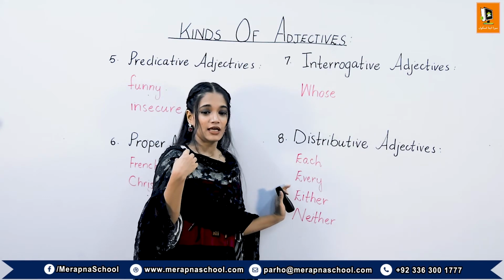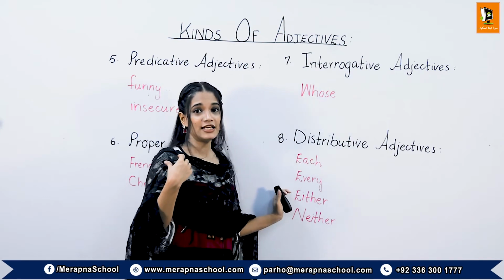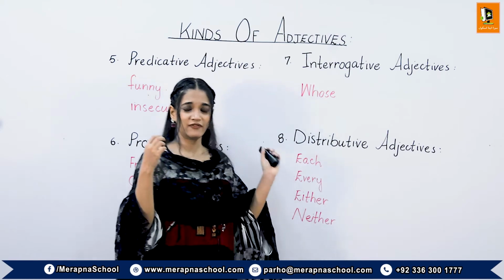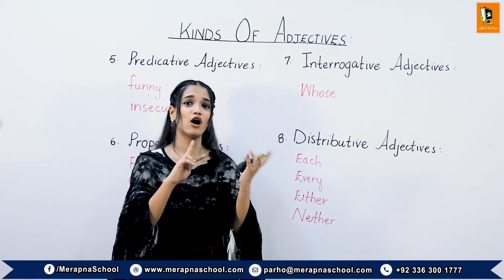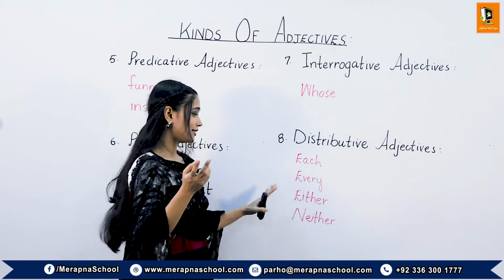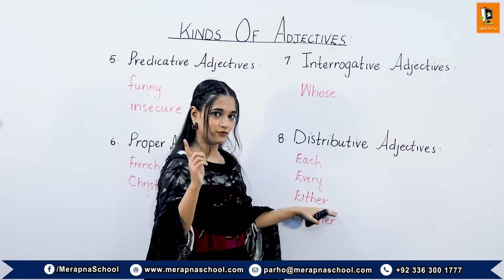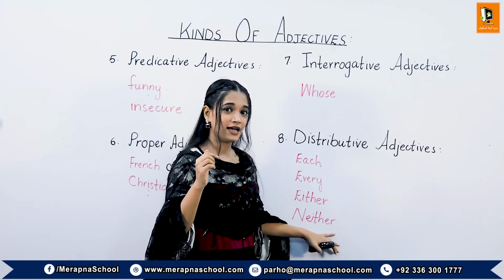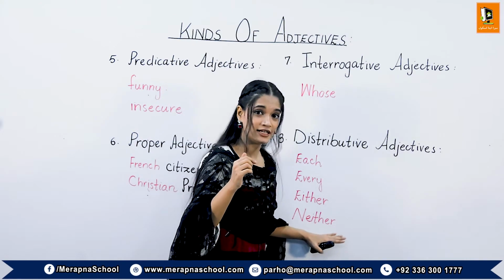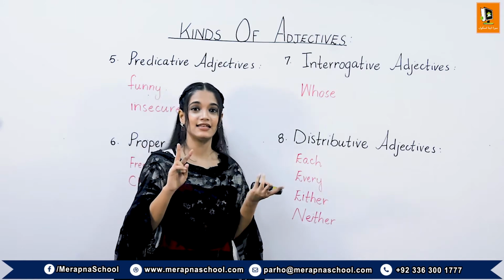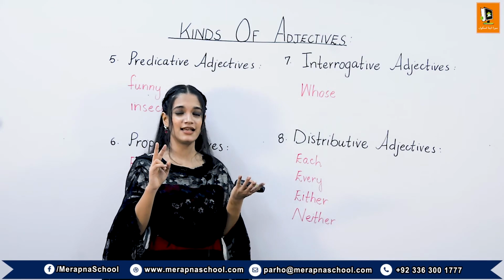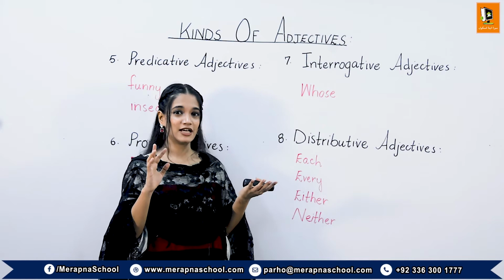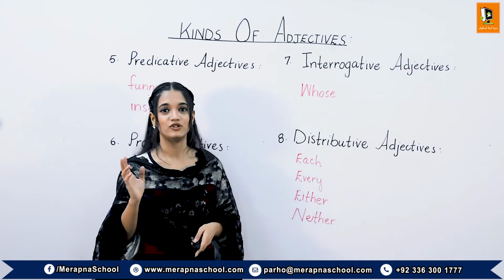Either implies one of the two options. If in a sentence two options are given, either represents one of the options. Neither means that, when two options are given, it implies not either of the options.